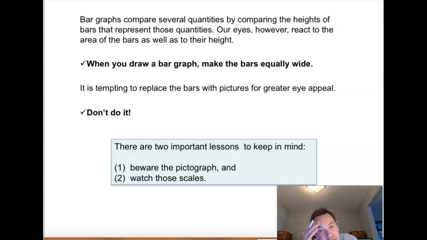So bar graphs compare several quantities by comparing the heights of bars that represent those quantities. Our eyes, however, react to the area of the bars as well as the height. That's why it's very important to make the bars equally wide when you make a bar graph. So you'll see this in magazines, when people try and make their data flashy, they'll use what's called a pictograph.